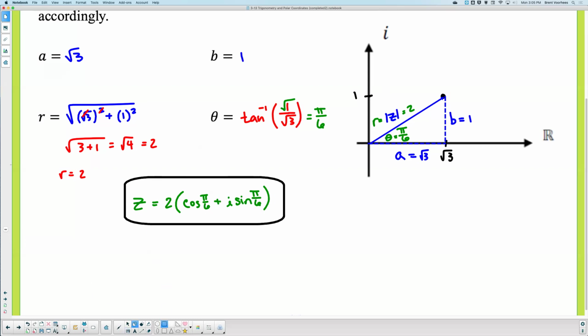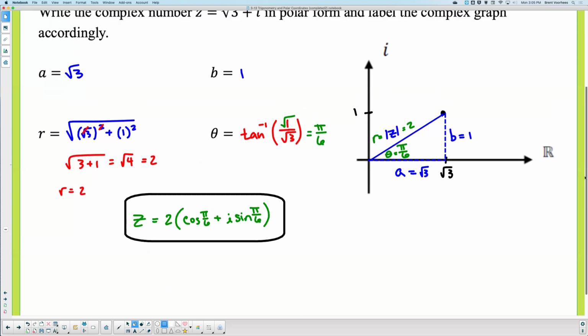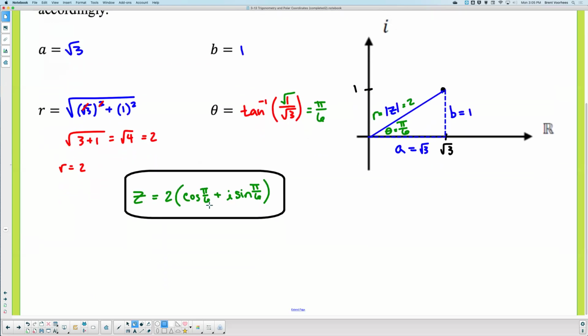And if you're going, nah, something seems off on that, well, you could reduce this. Again, bend your ring finger, flip your hand over. This is like a proof here. What I could do is I could say this is 2 times, and the cosine at pi over 6 is the square root of 3 over 2, plus i, the sine would be the square root of 1 over 2.